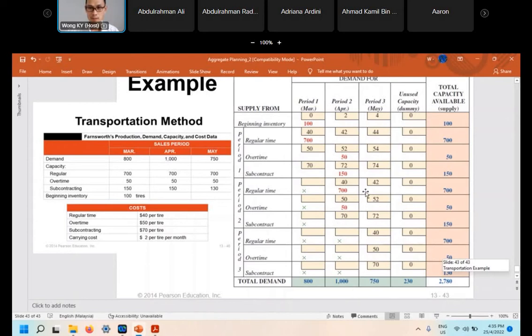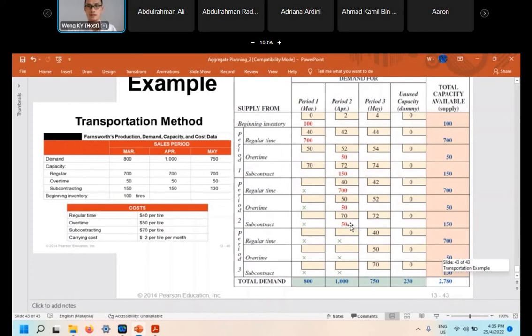So maximum I can only assign 50. And one of your friends has answered it. I can only assign 50. Right? Because 50 plus 150, 200, plus 700, 900. 900 plus 50 is just 1000. So maximum I can only assign 50 here.